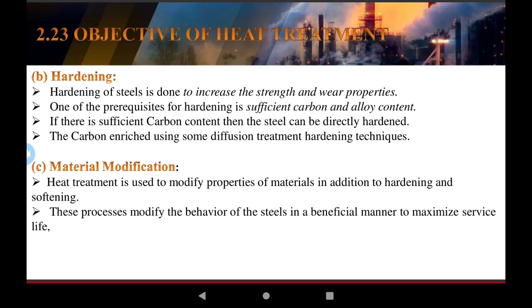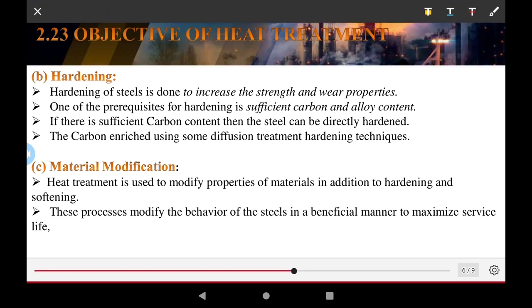Continuing with the objective of the heat treatment process: hardening of steel is done to increase the strength and wear properties of the steel.